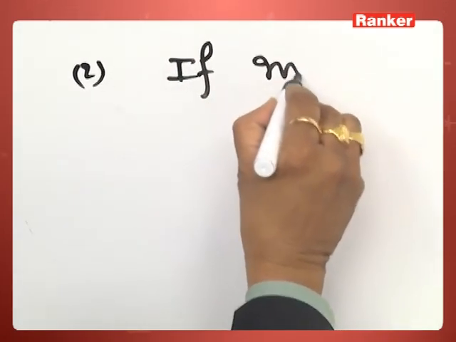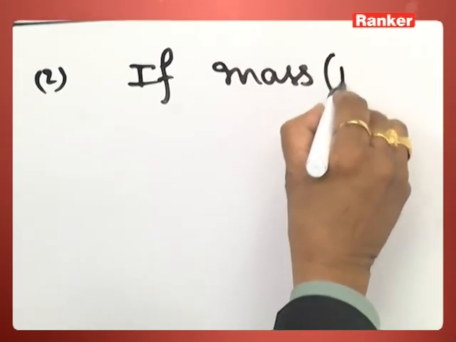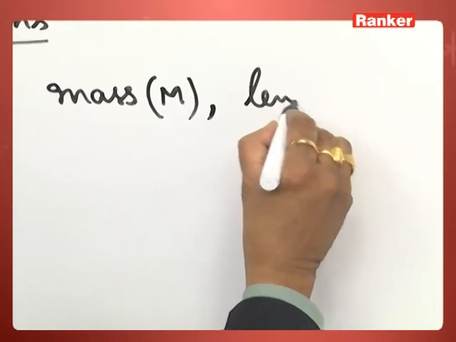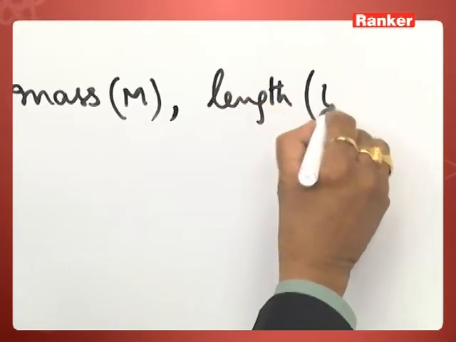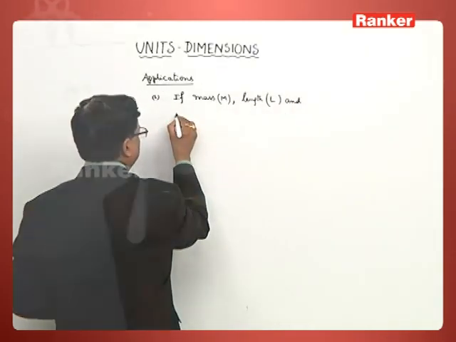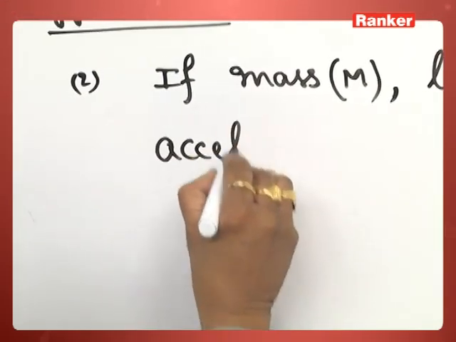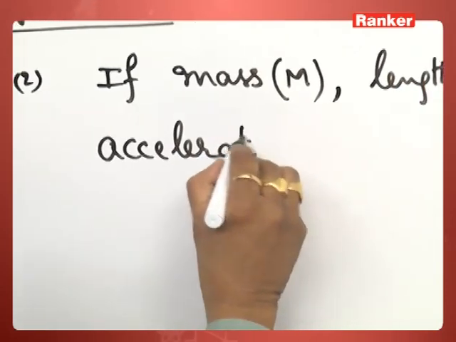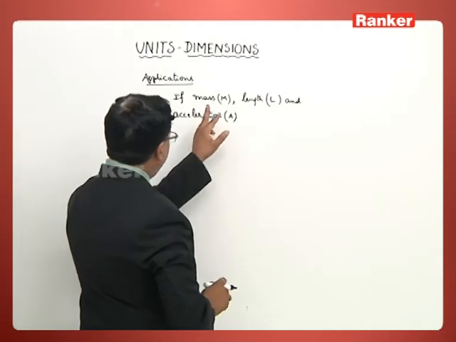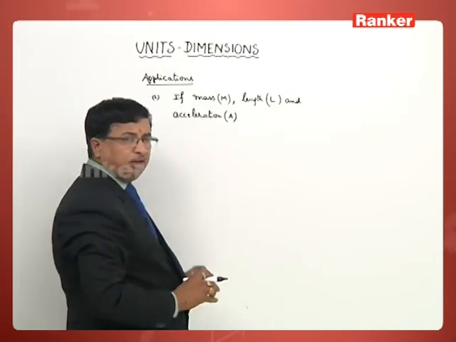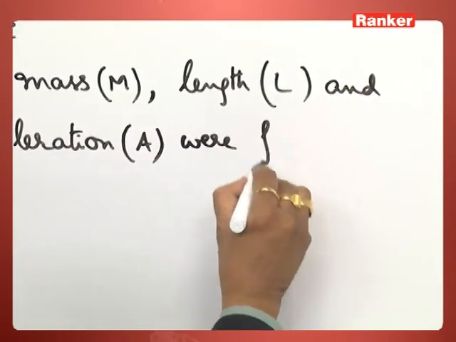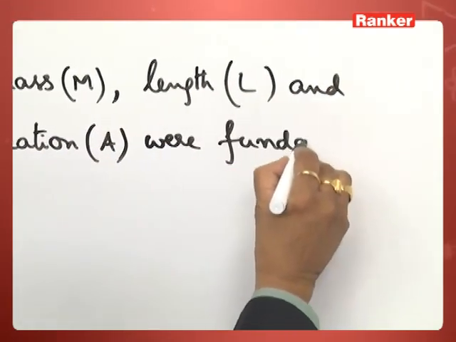If say mass, that is M, length, that is L, and acceleration, that is given as A. Mass, length and acceleration were fundamental quantities.